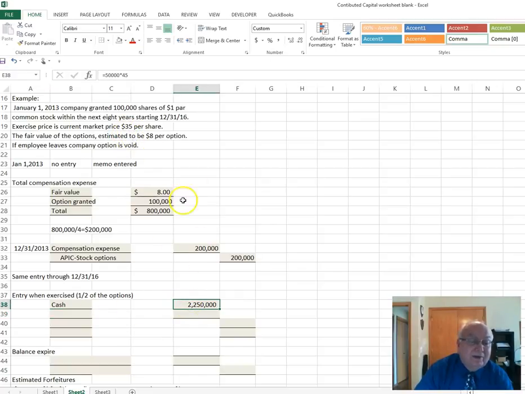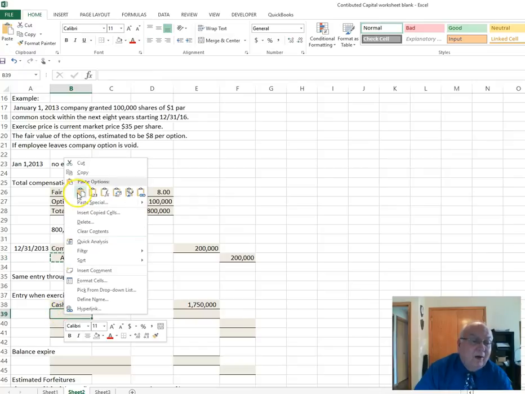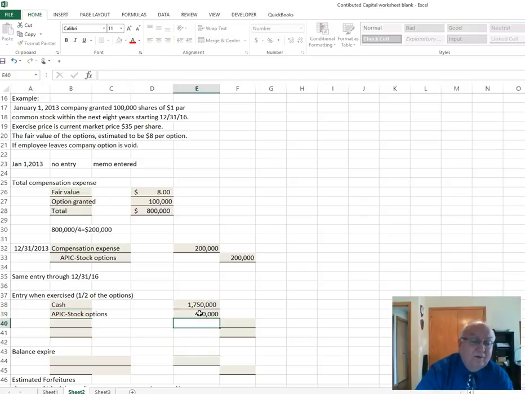Oh, $35, I went up $10. And then we want to debit this account, additional paid in capital for stock options. Not all of it, because we're only exercising half of it. So that would be for 400,000. Because remember, it's 800,000 altogether, so you want half of that.